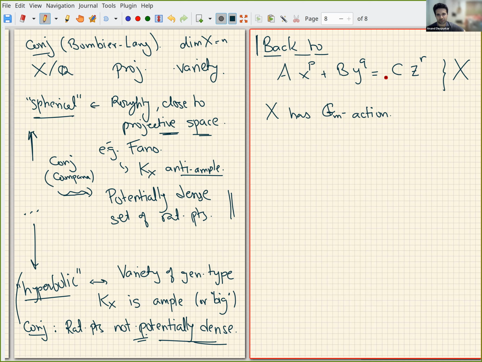You just scale X, Y and Z by the same T. But even otherwise, you can be clever, and let T act on X, Y, Z by multiplying X by T to the QR, Y by T to the PR, and Z by T to the PQ, and that works. That leaves this equation invariant. So this has an action of the multiplicative group.